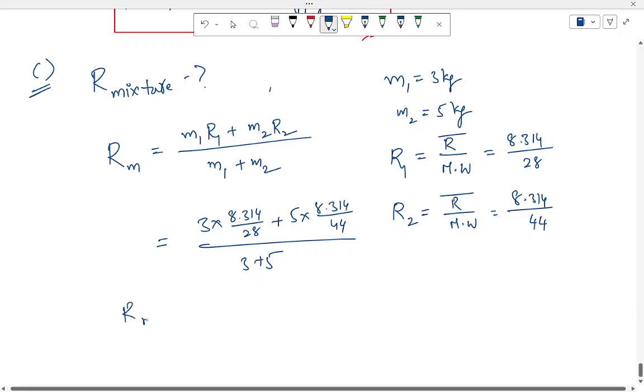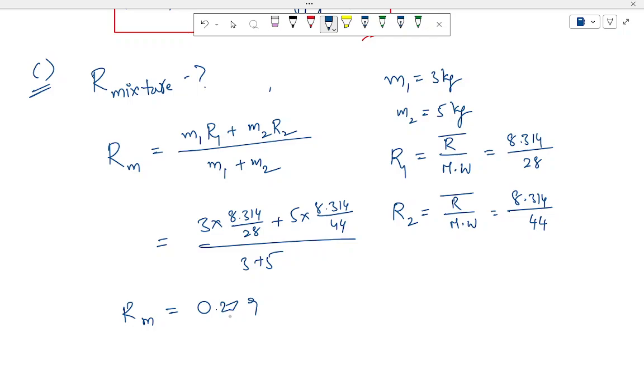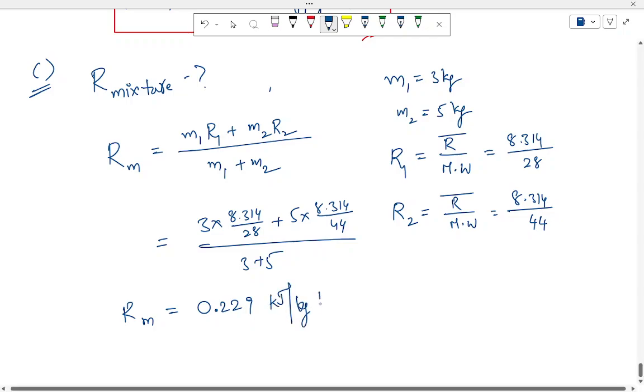So that will give you the R of the mixture as 0.229 kilojoule per kg Kelvin.